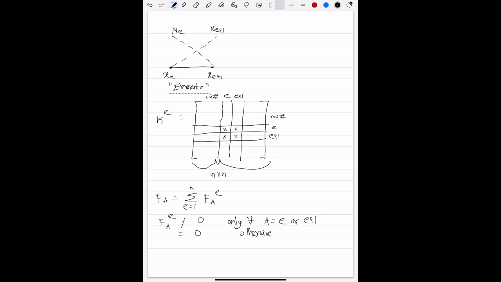So if I plot F^E, then this is going to be a large n by 1 vector, but most of the entries of this vector are going to be 0. The only non-zero entries are going to be corresponding to row number E or row number E plus 1.